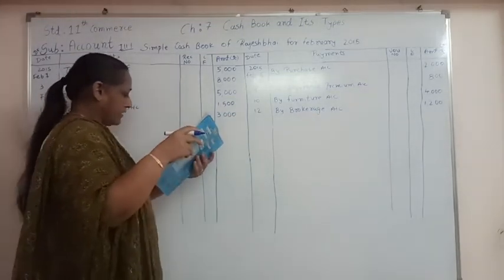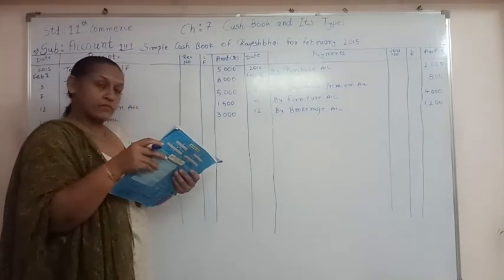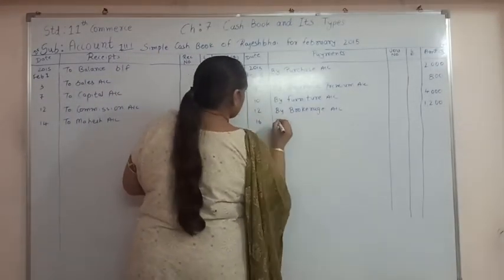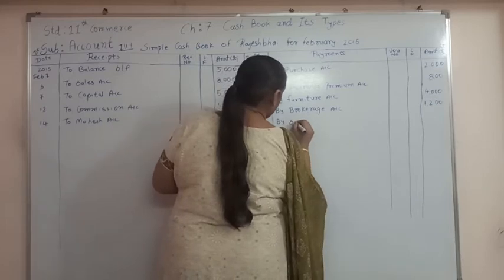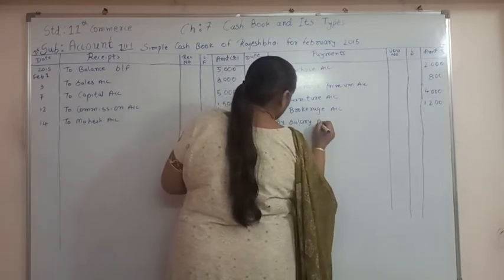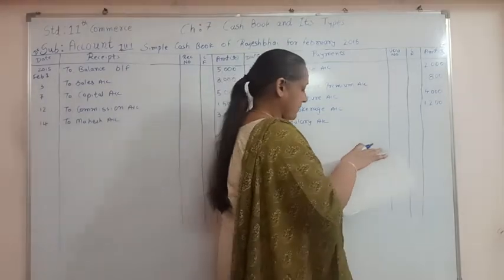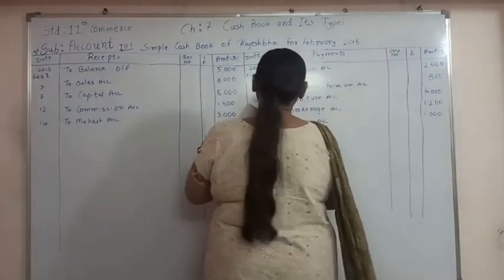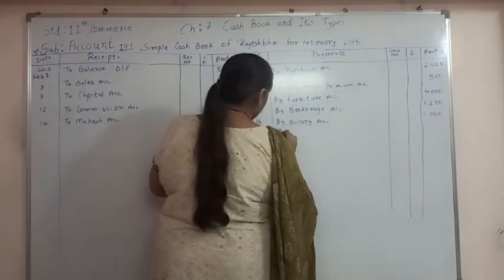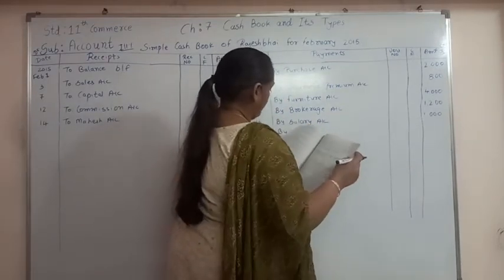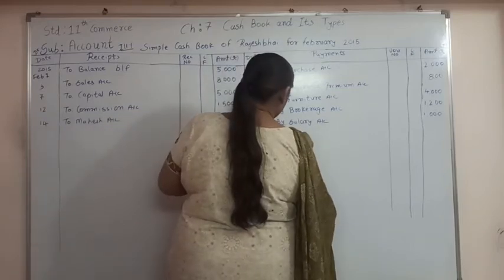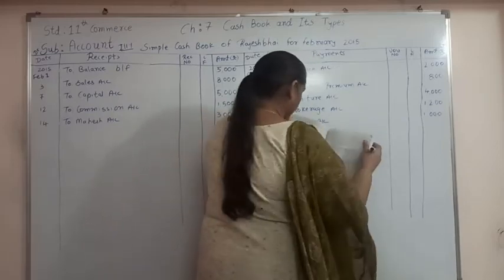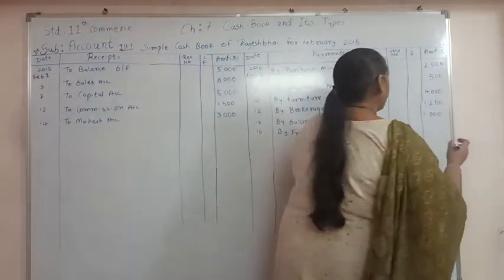Now, on 16, salary of rupees 1,000 and freight of rupees 200 paid. So on 16, by salary account, and salary is 1,000, and on 16, by freight account, and the freight we have paid is 200.